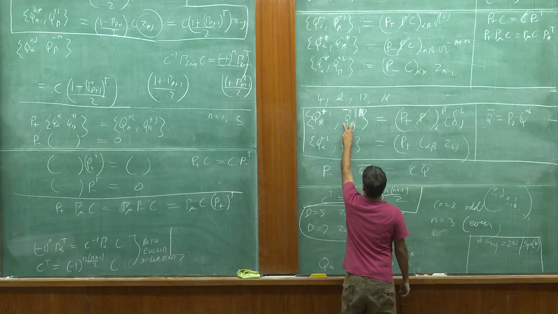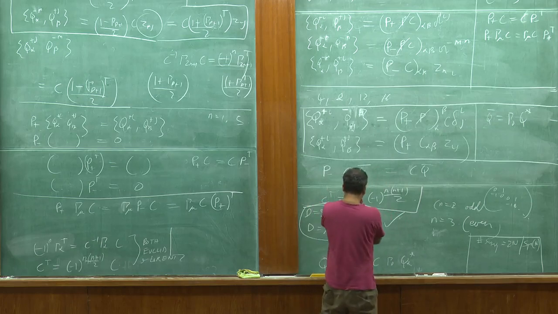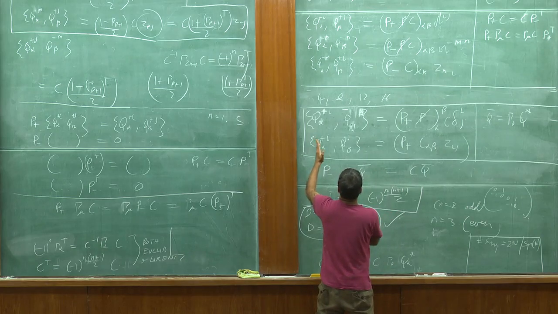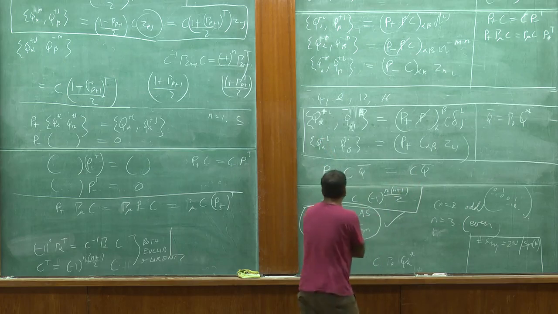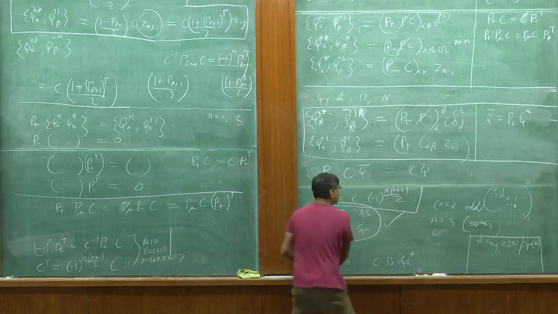Now we want to multiply with C. However, we want to multiply with C transpose. Okay, so we want to check that when we do that, taking the P plus through it gives us the right sign.